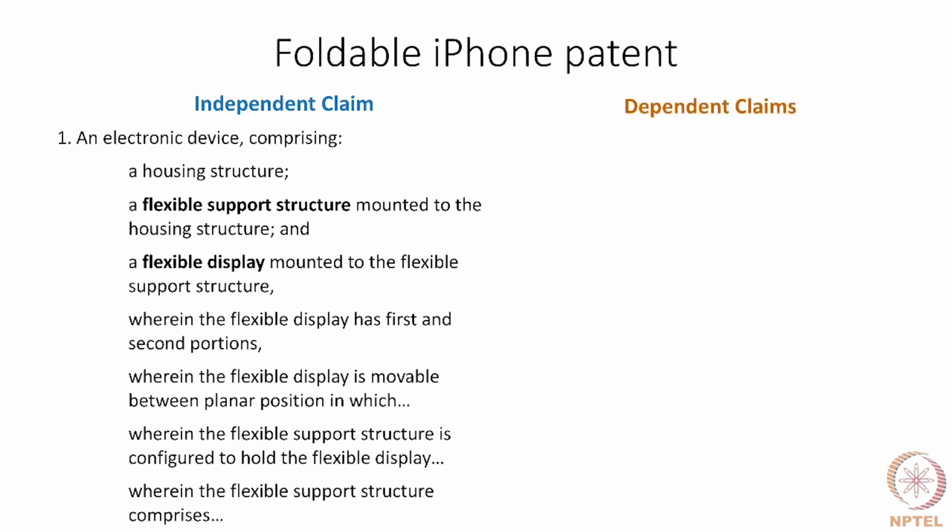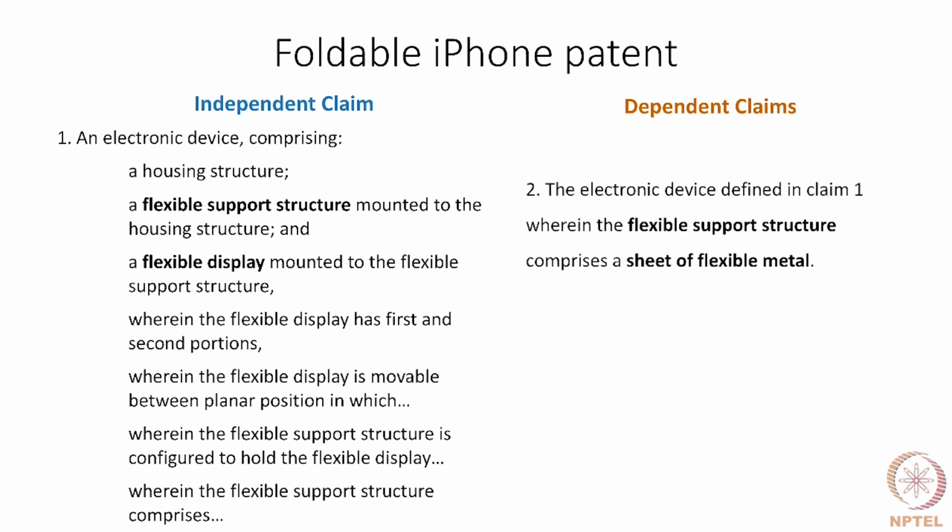Now let's look at the corresponding dependent claim for this. The electronic device defined in claim 1. Now that's the preamble, wherein the transition, the flexible support structure comprises a sheet of flexible metal. So what did this independent claim do? This dependent claim brought in a limitation: the flexible support structure comprises a sheet of flexible material.